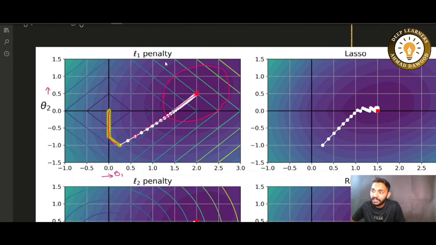Here theta 1 is less than theta 2. So it will first make theta 1 equal to 0, and then it will move in the direction of making theta 2 equal to 0, when you run gradient descent separately on the penalty function.